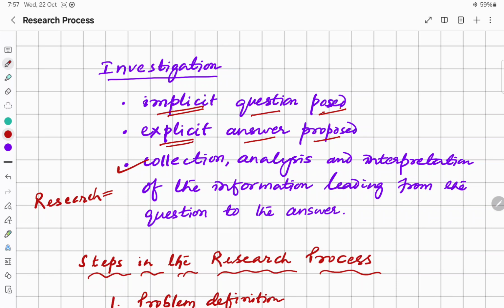So from the question posed to the answer proposed, whatever information we get, we collect, then analyze, finally interpret, that involves research. So research is the collection, analysis and interpretation of the information leading from the question to the answer, or from the implicit question to the explicit answer.